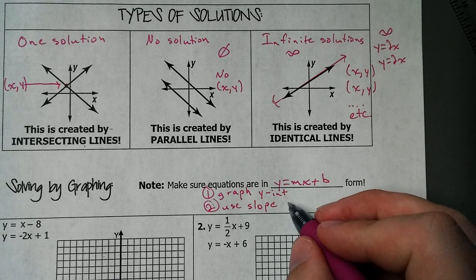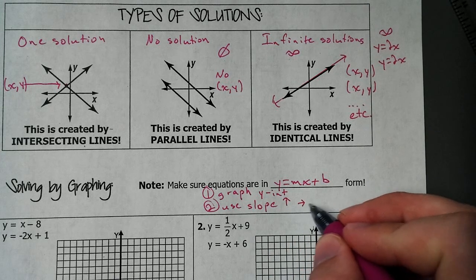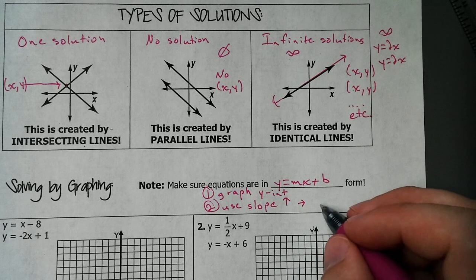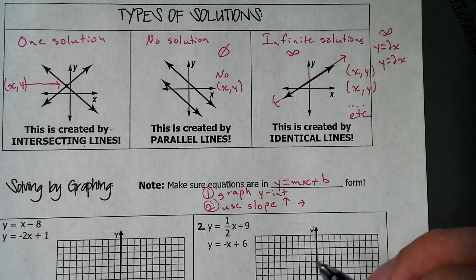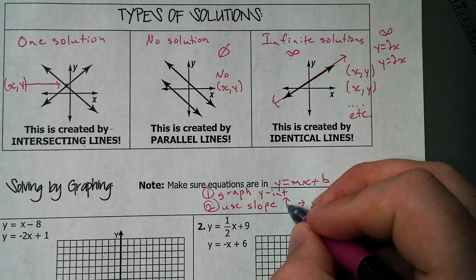Remember, it's always rise over run, or if you run out of room, you can go backwards. And if it's negative, you can go down.